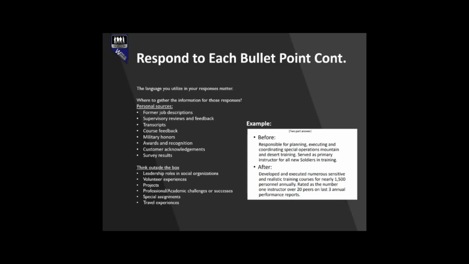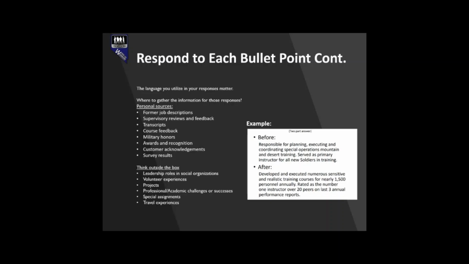It's a lot of information to pull for answering these questions. So some of the things we recommend clients do is pull from multiple sources: former job descriptions, reviews and feedback, transcripts, military feedback, course feedback, award recognitions, customer acknowledgements, survey results, whatever you could think of that you could pull actionable information from, use that to help you structure your answer.